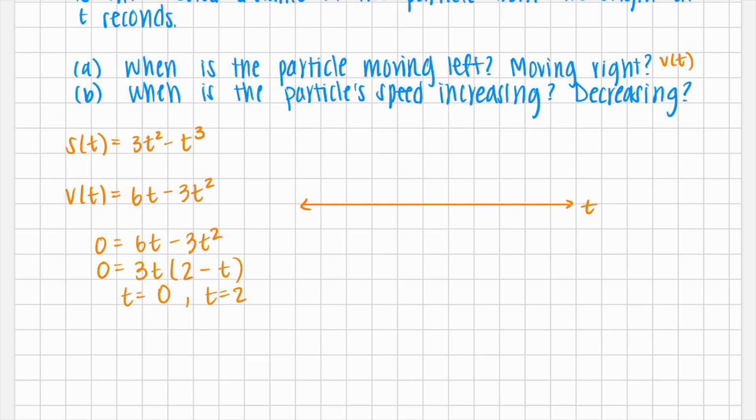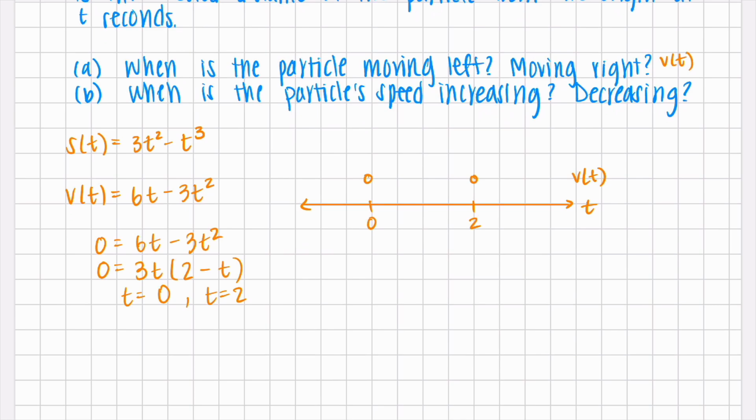I have t along my number line. I'm going to have t equals 0 and t equals 2. So my particle is at rest at 0 and 2. I'm going to make that my v of t. And just like we did in example 1, I'm going to choose values between these numbers to test.